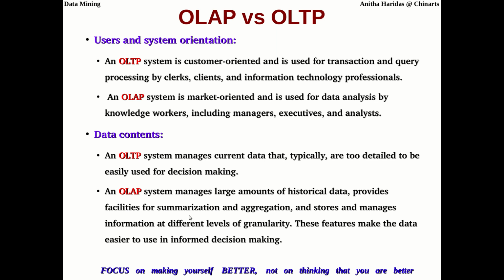We have already seen in your multidimensional data model, we are going to always have a summary measure based on a summary function. So summarization, aggregation, and it stores and manages information at different levels of granularity. And these features make the data easier to use in informed decision making.